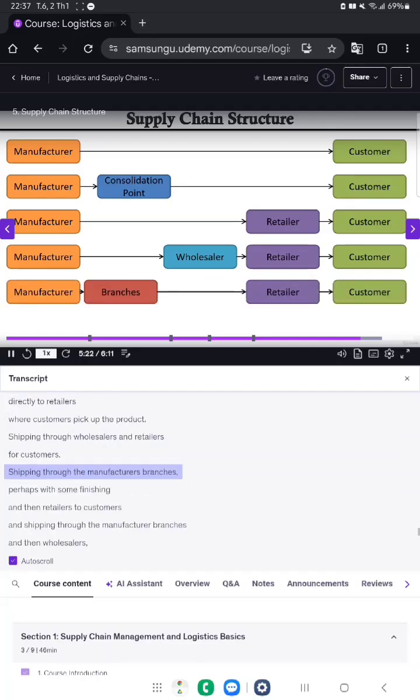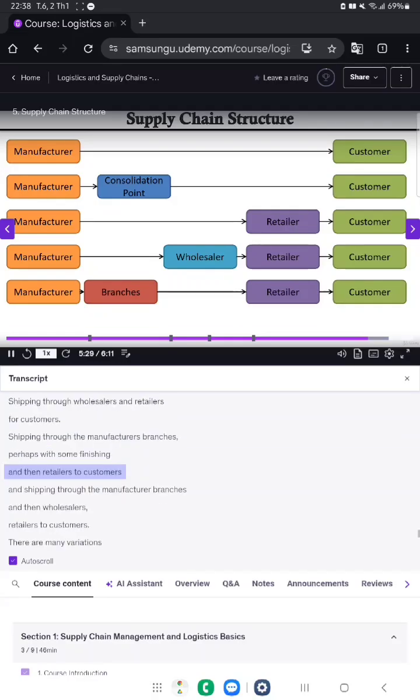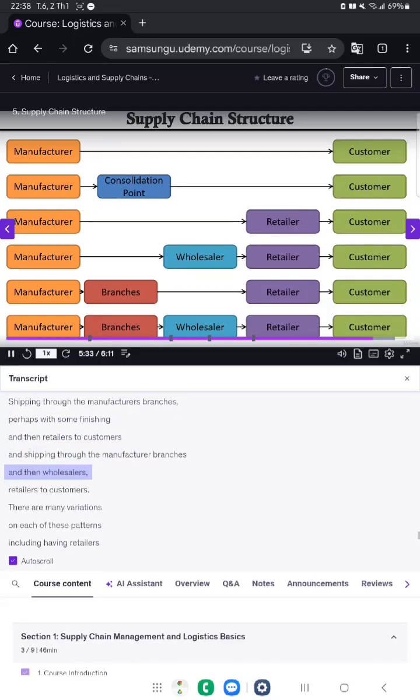Shipping through the manufacturer's branches, perhaps with some finishing, and then retailers to customers. And shipping through the manufacturer branches and then wholesalers, retailers to customers.